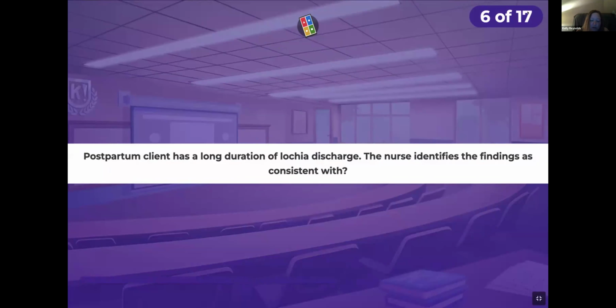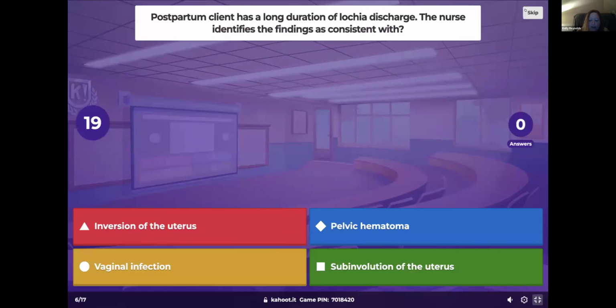Postpartum client has a long duration of lochia discharge. The nurse identifies the findings as consistent with inversion of the uterus, vaginal infection, pelvic hematoma, subinvolution of the uterus.